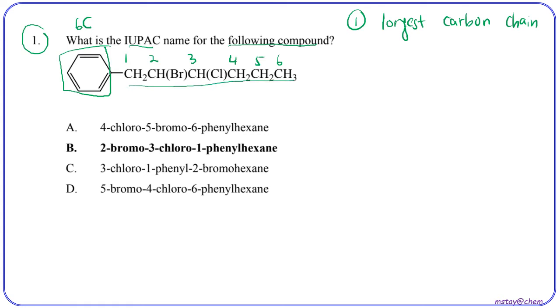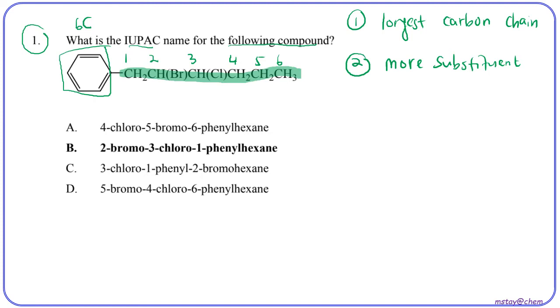If they have a similar longest carbon chain, then the second thing we are going to check is which one has more substituents. If the benzene ring is the parent, there is only one substituent.